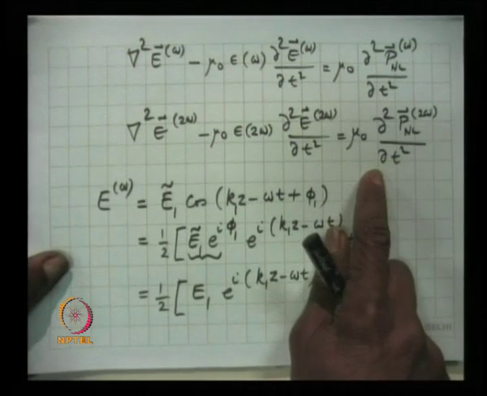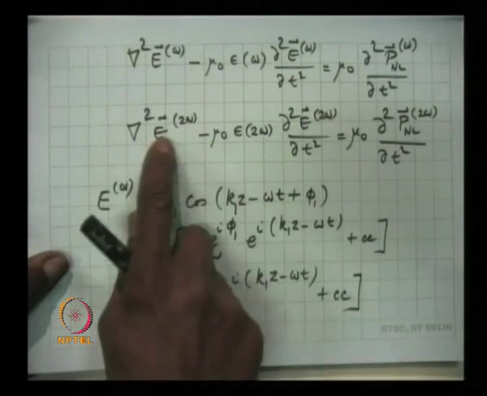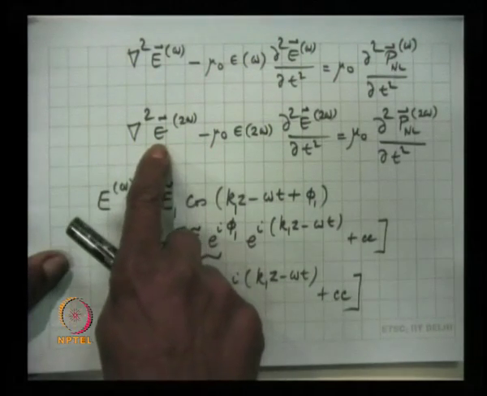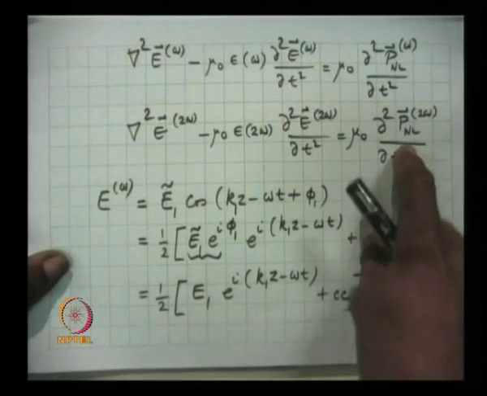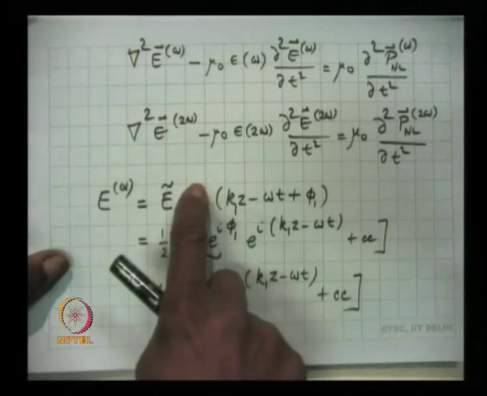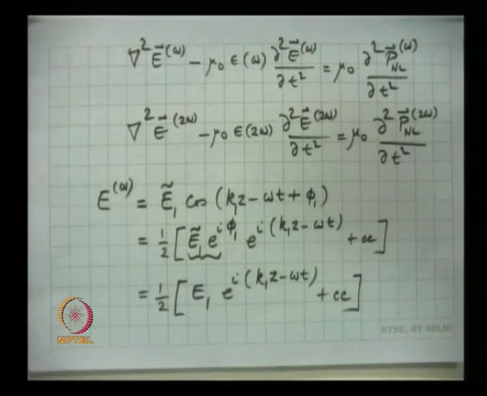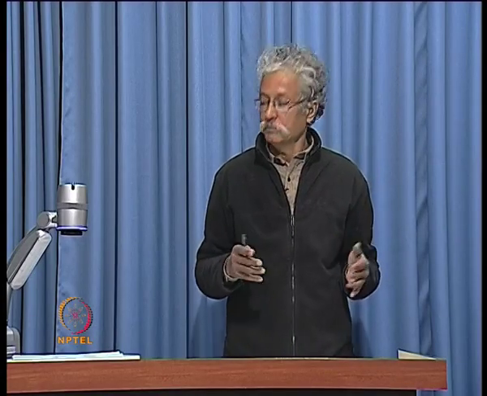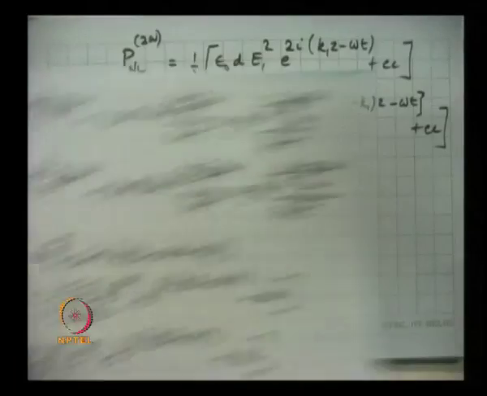So, if I forget about the vectors, I have an expression for electric field, I have an expression for P nonlinear at 2 omega, I must substitute into this equation and simplify to get an equation for the development of E 2 as a function of z. I'll get a differential equation for E 2 of z. So, let me do this.